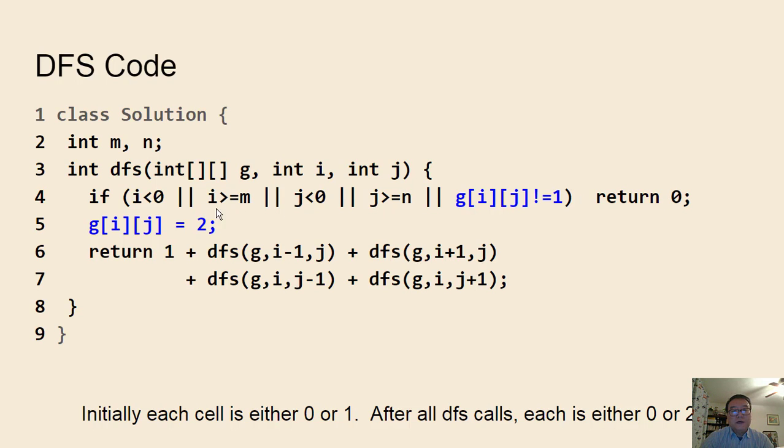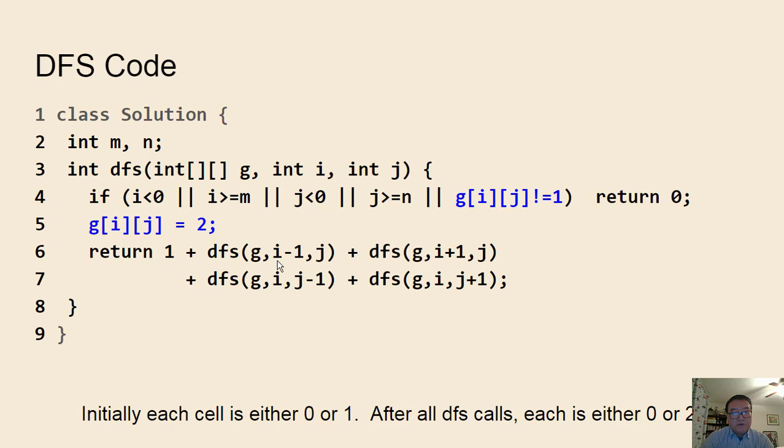We want to do things only when it's in the boundary and it is 1, because we don't want to do anything with a 0. We only want to visit cells that have value 1. So if it's outside the boundary or the value is not 1, we simply return.